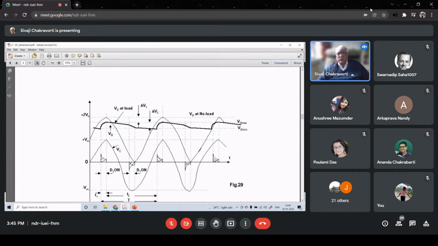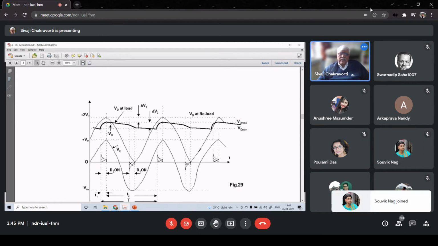It is called VD max. That is the maximum value of the output voltage. And the lowest voltage is, of course, at that point on the positive half cycle when C2 starts charging. That is called VD min. So therefore, this is the ripple of the output voltage. And the DC value is nothing but (VD max plus VD min) by 2.